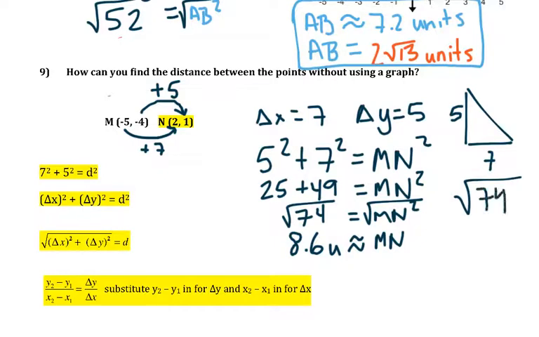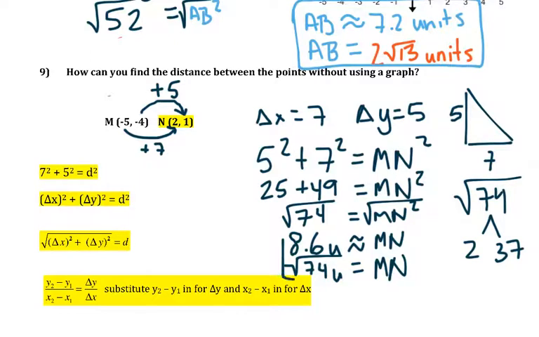So 74 factors, it's a 2, so that's going to be 37, and 37 is prime. So I can't do anything. So MN is equal to the square root of 74 units. So we have our approximate and exact distance from M to N.